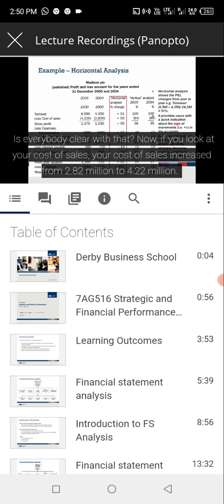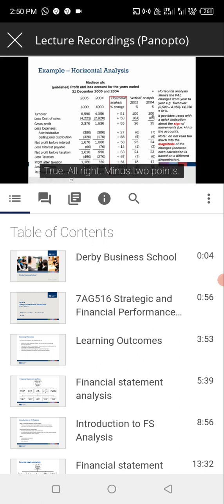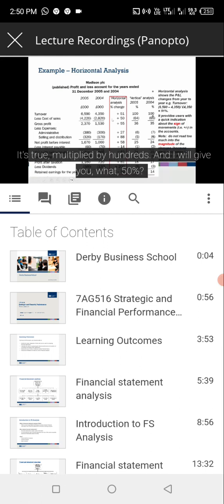Now, if you look at your cost of sales, your cost of sales increased from 2.82 million to 4.22 million. What is the percentage increase? This is simply 4.22, all right, minus 2.82. That difference divided by 2.82 multiplied by 100.